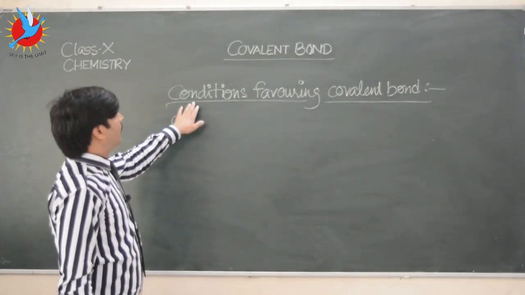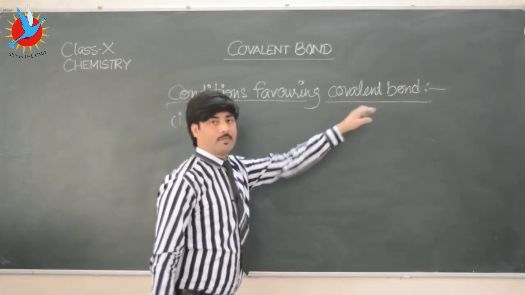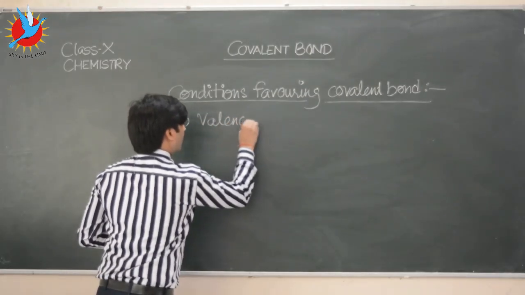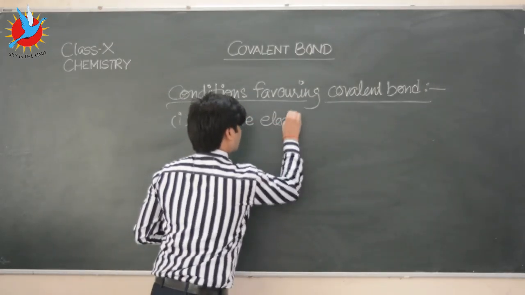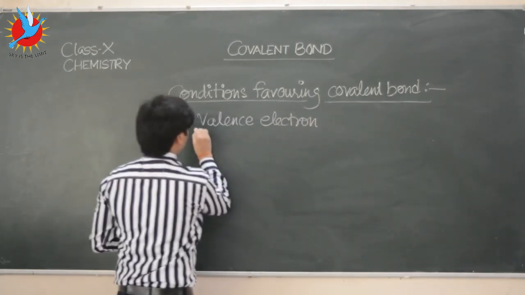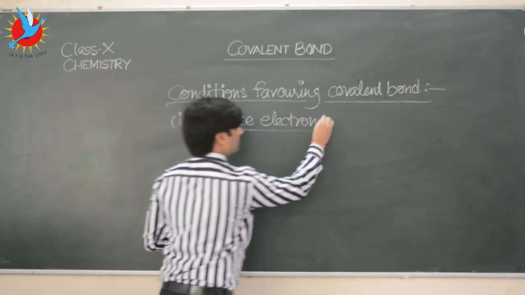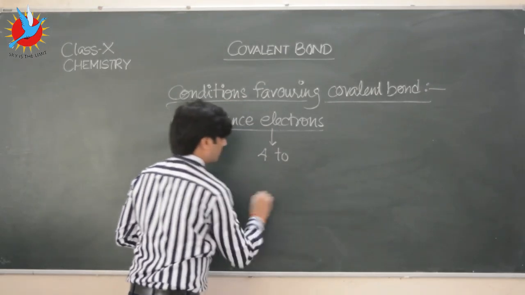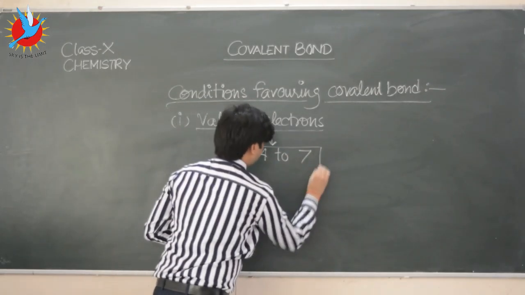Now we are talking about the conditions favoring covalent bond. The first condition is number of valence electrons. The valence electrons should be 4 to 7.